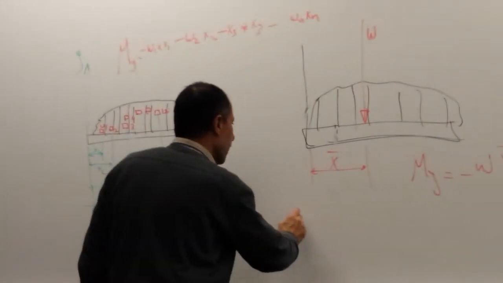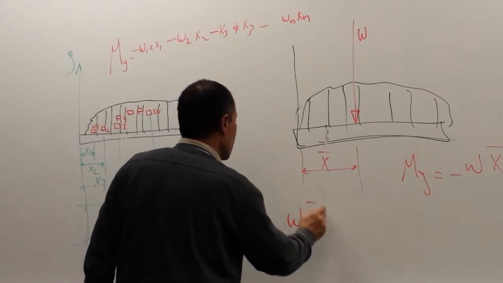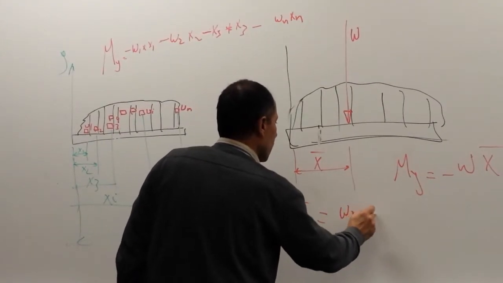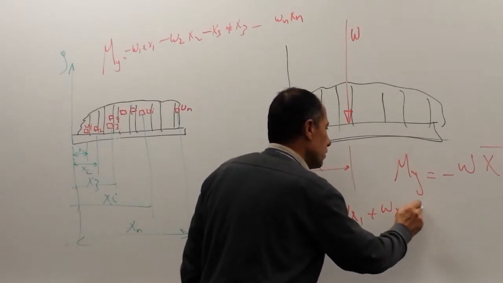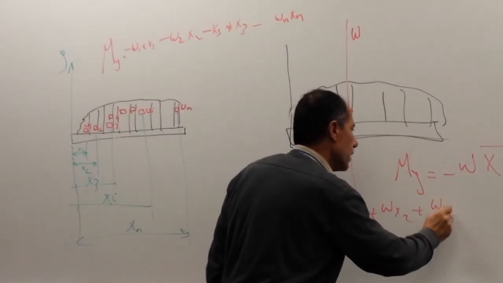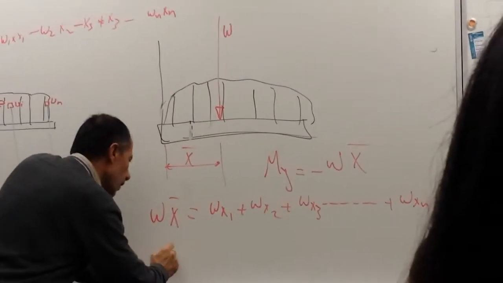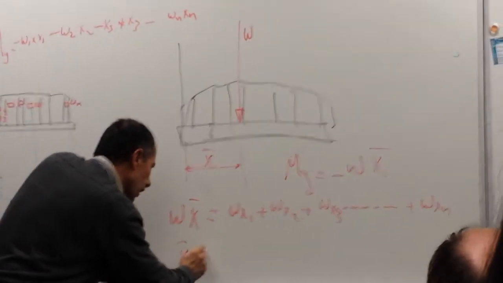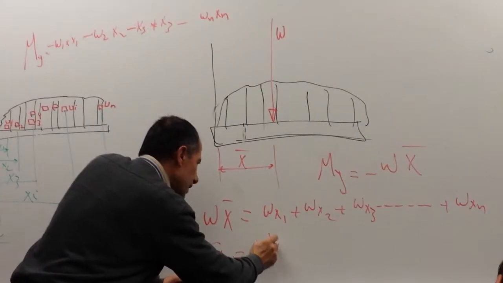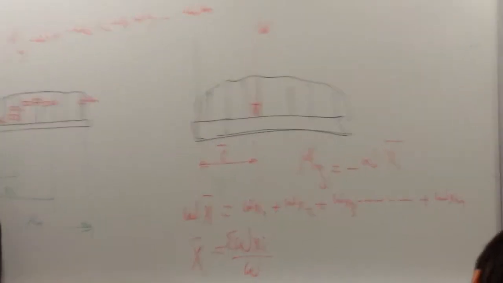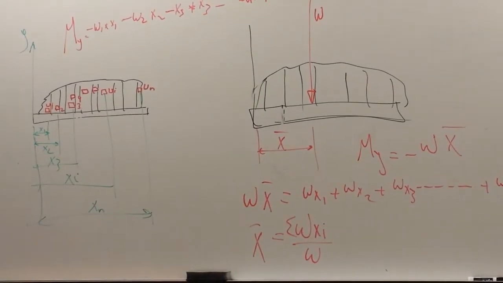In this case, W x bar equals W1 x1, W2 x2, W3 x3, and so on, up to Wn xn. Or x bar equals the sum of Wi xi over W. This is what we have been doing in the past.